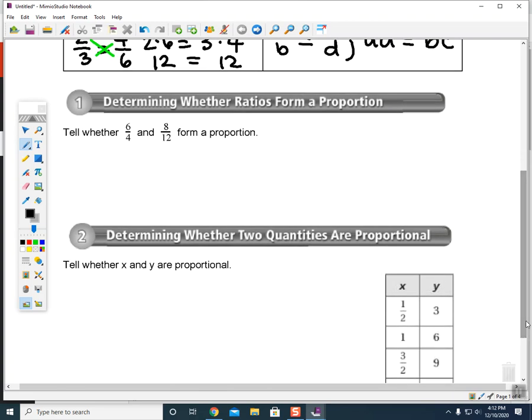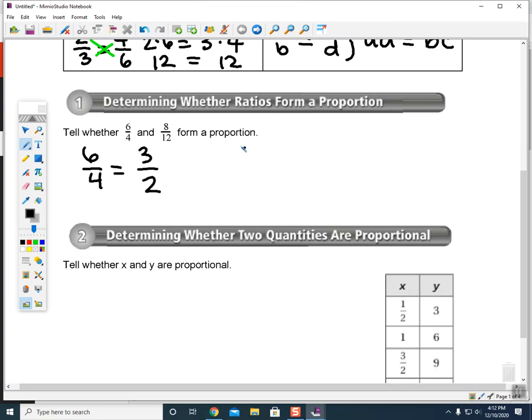Okay, so first one is determining whether or not ratios form a proportion. So I'm going to tell whether 6/4 and 8/12 form a proportion. If they do, they're going to reduce down to the same ratio. So 6/4, 2 goes into both of those, so that reduces to 3/2.